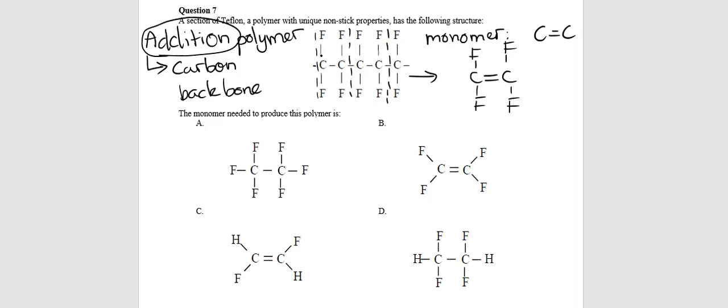So you don't need to put any double bond here anyway. It has to be between these carbons, and if you do that, you will see that everything now follows the octet rule. Fluorine will form 1 covalent bond and each carbon has 4, and that means that the answer is B. You should know straight away that A and D are wrong because you do need the C=C double bond in the monomer anyway.